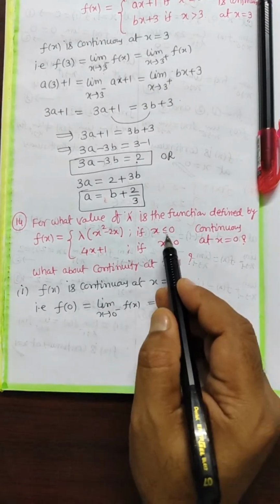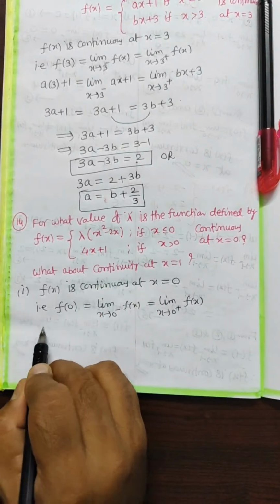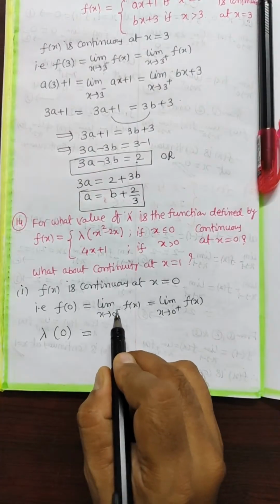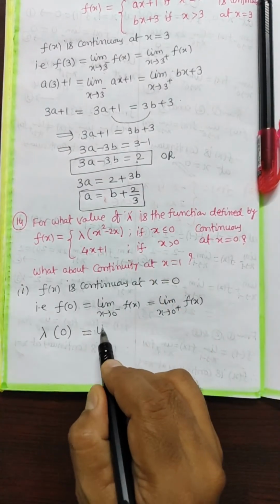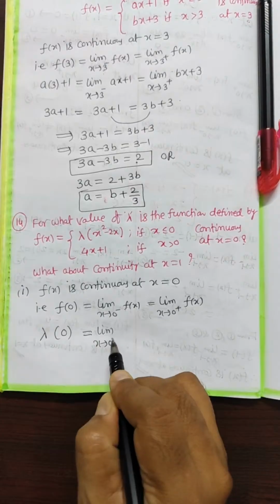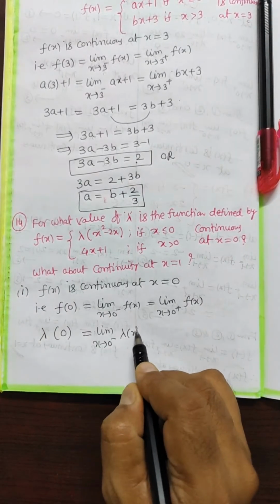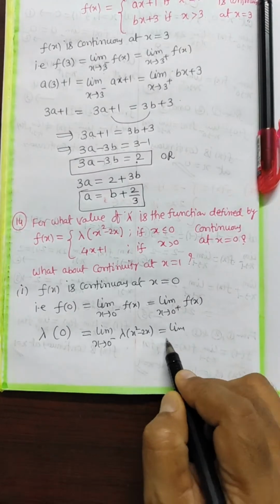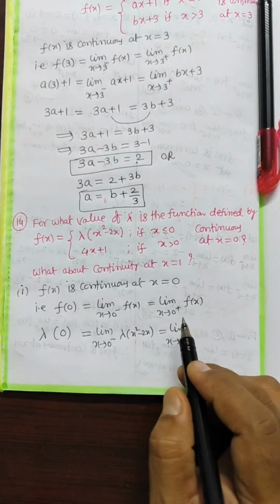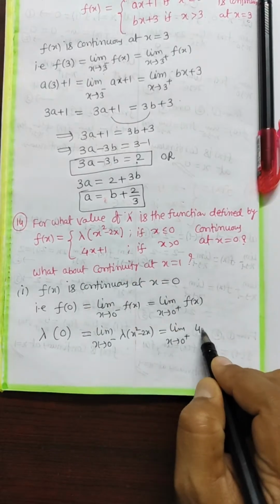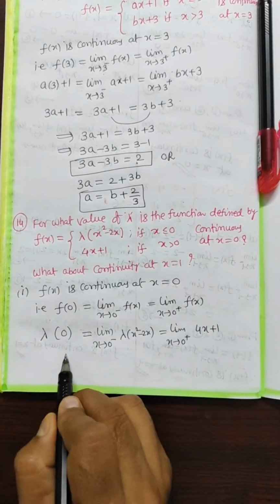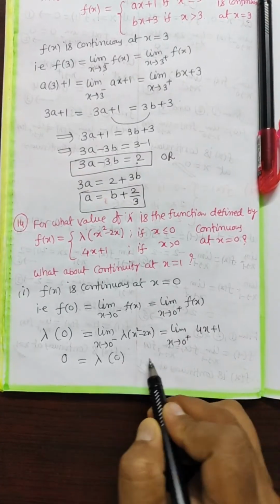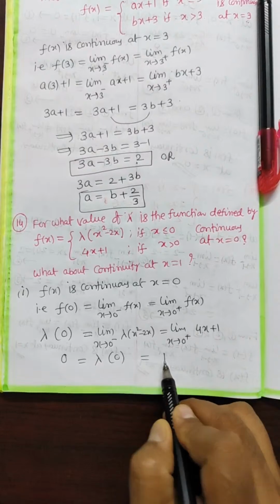F of 0: substitute x is equal to 0 in lambda into 0. Limit x tends to 0 minus means x is less than 0, so the same function: limit x tends to 0 minus lambda into x square minus 2x. Limit x tends to 0 plus f of x means the function 4x plus 1. So at x equal to 0 the first gives 0, and here at x equal to 0 we substitute and get 1.